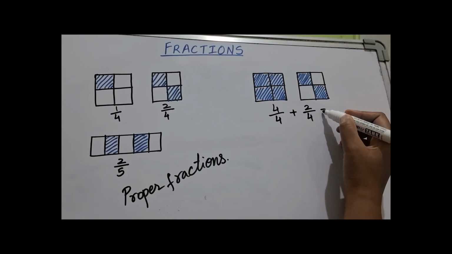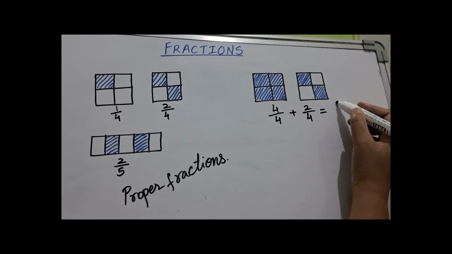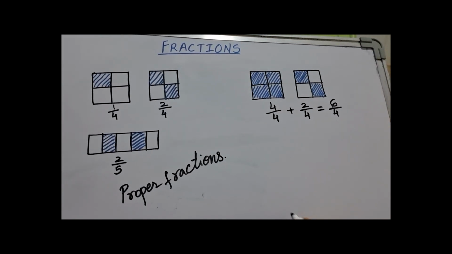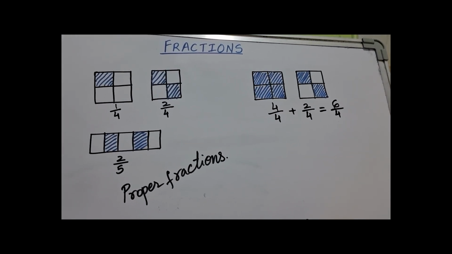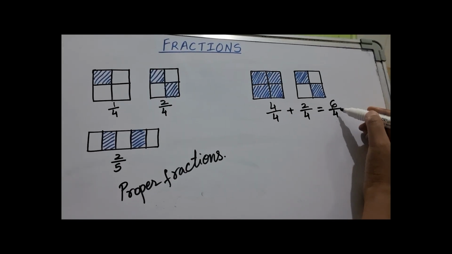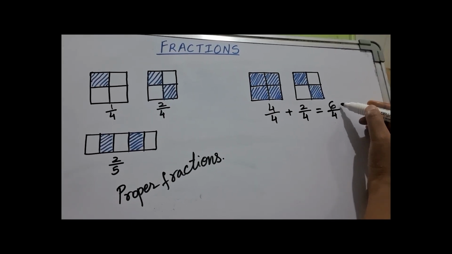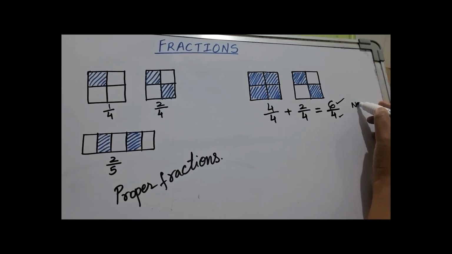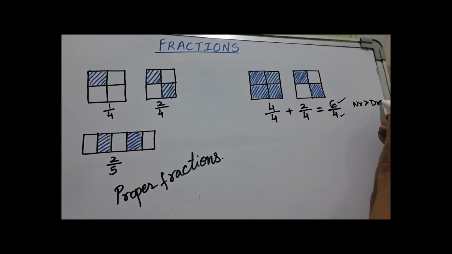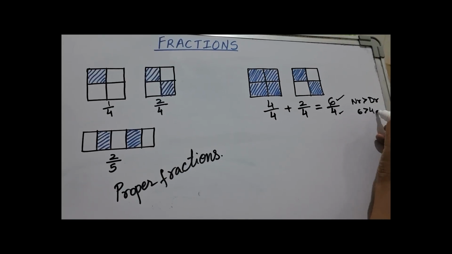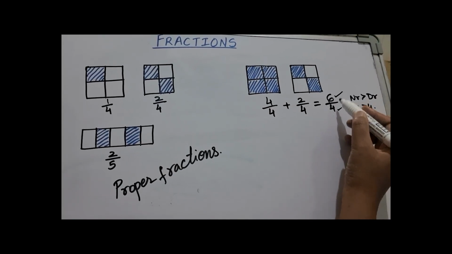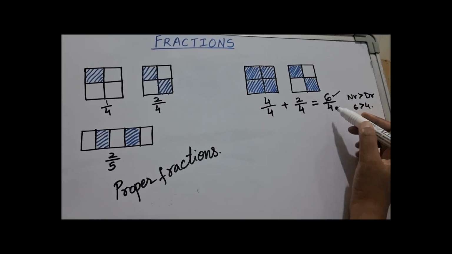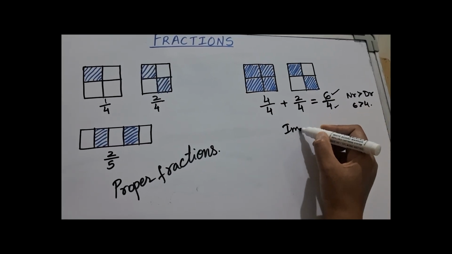Then this will become 6 by 4. So here we can see, children, that the numerator is greater than the denominator. 6 is greater than 4, isn't it? So fractions which have numerator greater than denominator are called improper fractions.